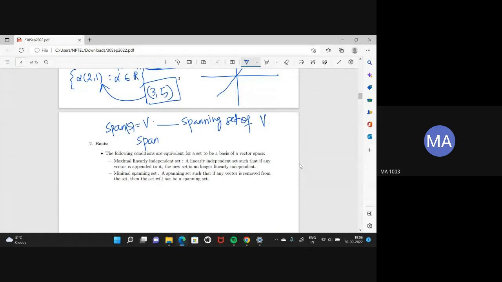Span of a set is the set of all linear combinations of elements of S. And the span of any set is always a subspace. Fine?